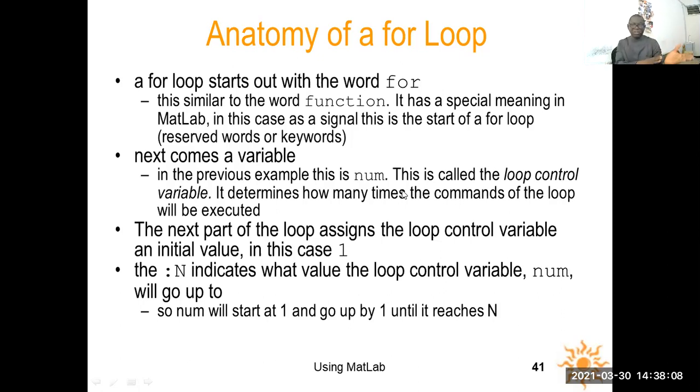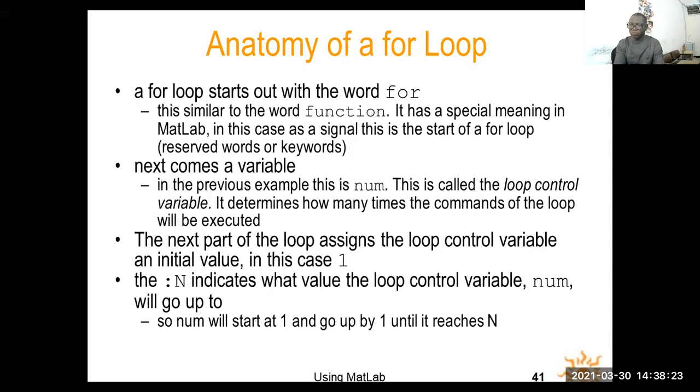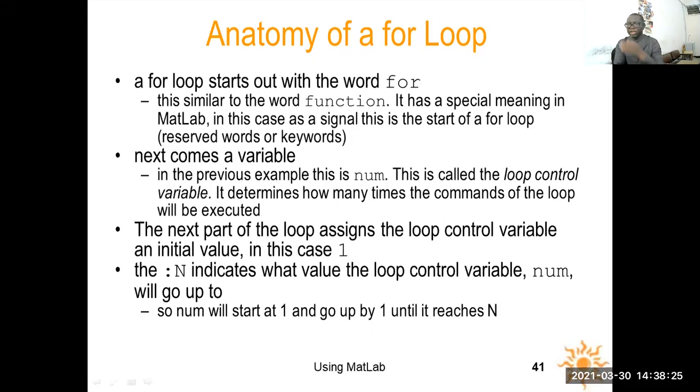What we have just done is, when you start with a particular number and you put a colon and then the other number, it indicates that the value of the loop control variable is starting from 1 and finishing at the end.